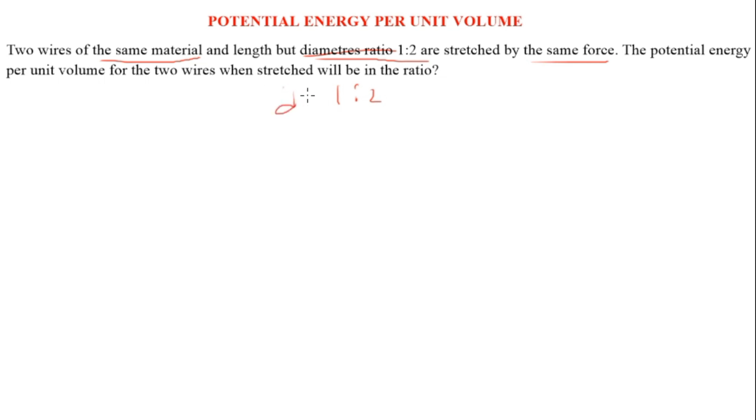Since this is the diameter and we want to find the energy density, let's find the relationship between the energy density, or the potential energy per unit volume, and the diameter. The potential energy per unit volume, which is the same as the energy density, is half of the stress multiplied by the strain.